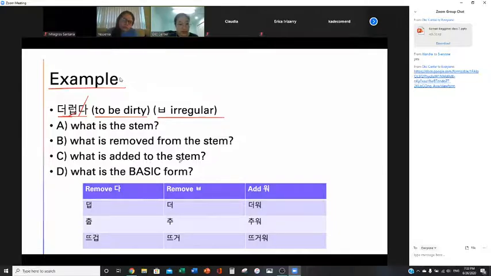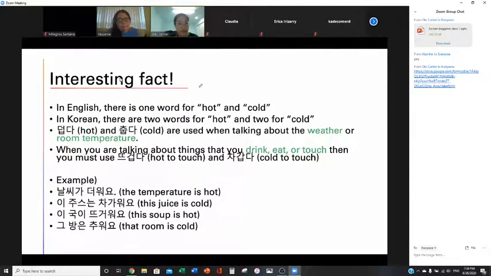And what is added to the stem? 워 is added. So 더러워. So the basic form is 더러워. Same thing as we just went over. 추워, 뜨거워. Okay.